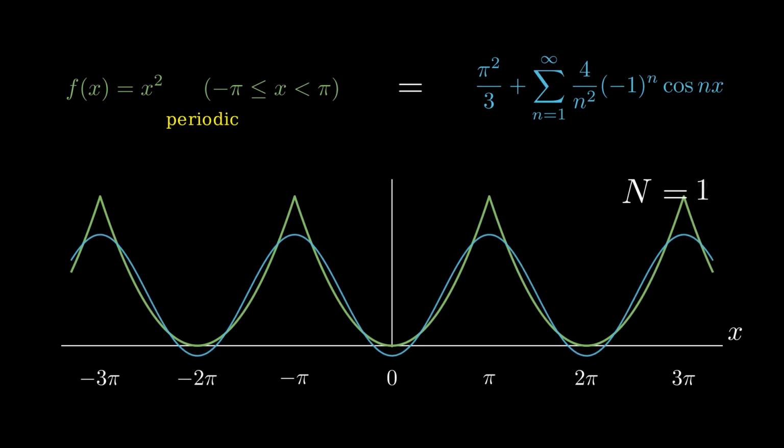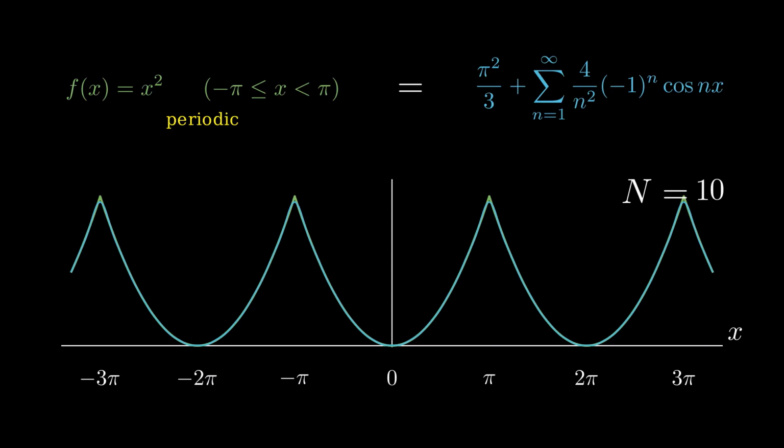So when n is 1, it's more like sinusoidal, and as you increase the capital N, you see how quickly it approximates our periodic parabolic function. So that's the quick illustration of our Fourier series for that parabolic function.